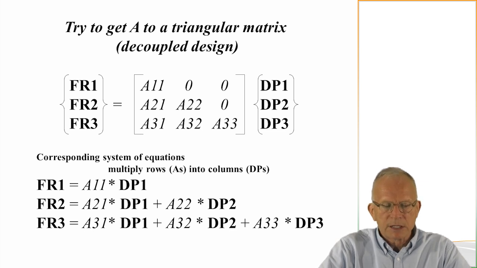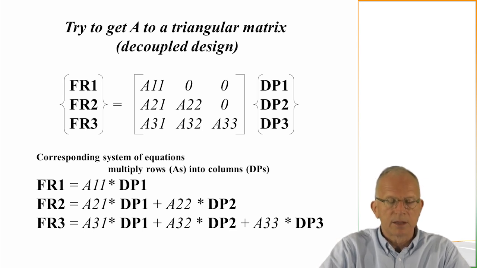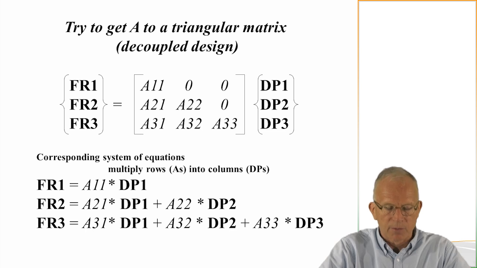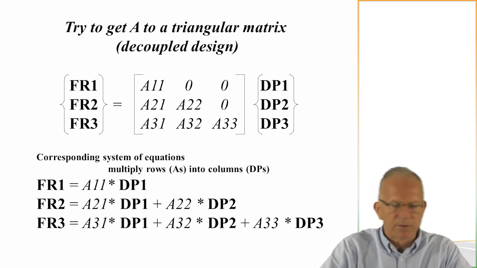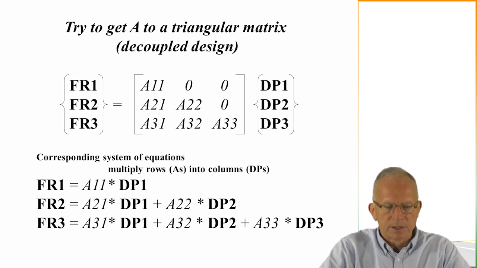So here's what the design equations look like, written out in the full form. We can see that we can adjust DP1 to get FR1 where we want it, but this also influences FRs 2 and 3, and so forth.